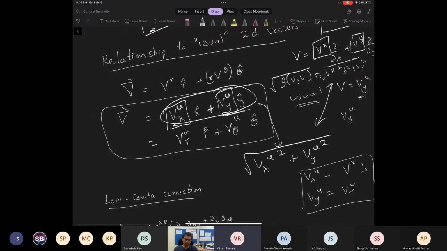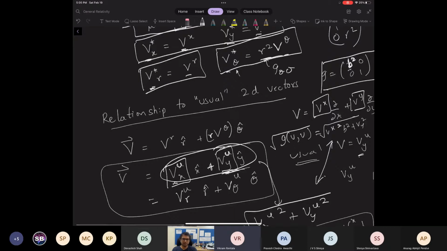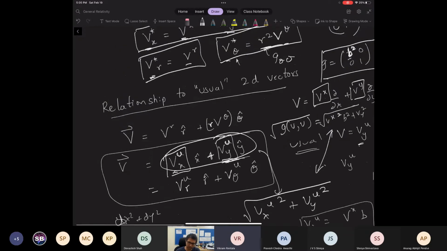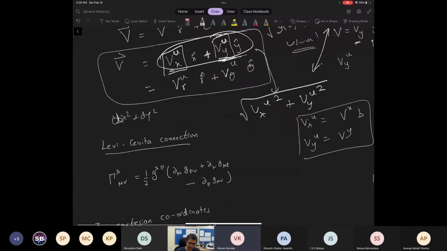What this b is, is really a measure of how I'm scaling my distance. Because my infinitesimal distance is not dx square plus dy square anymore. If I choose this metric, my infinitesimal measure of distance is b square dx square plus dy square.